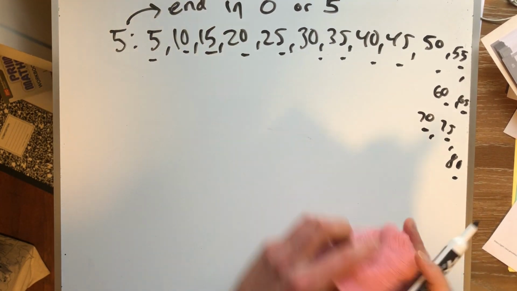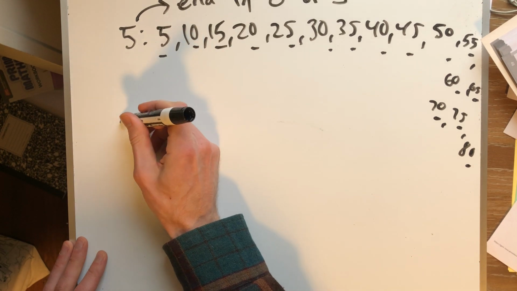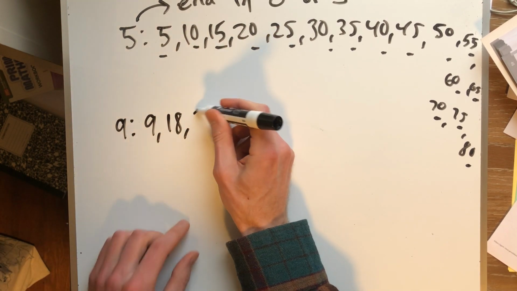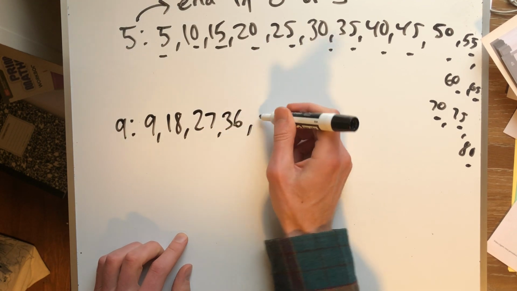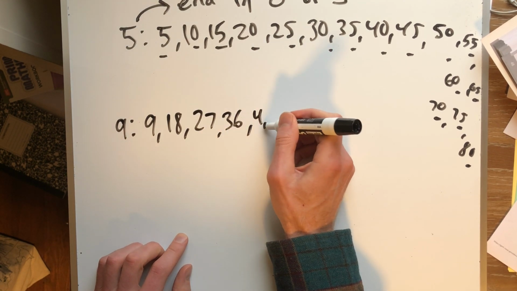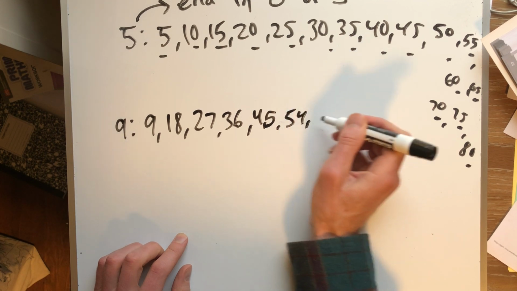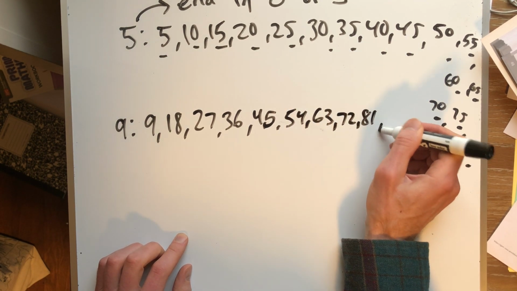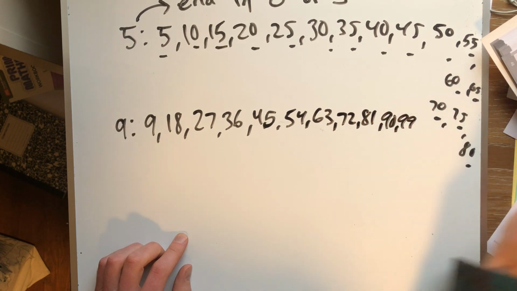And we've talked about 9 a little bit, but let's look at 9 too. 9s are cool. So 9s are 9, 18, 27, 36, 45, 54, 63, 72, 81, 90, 99.